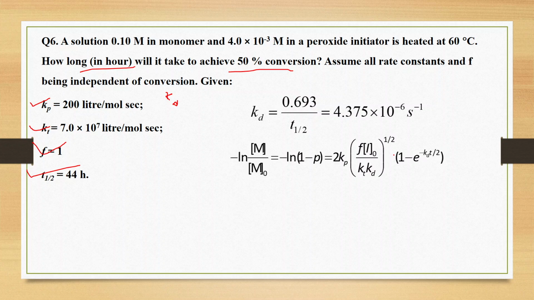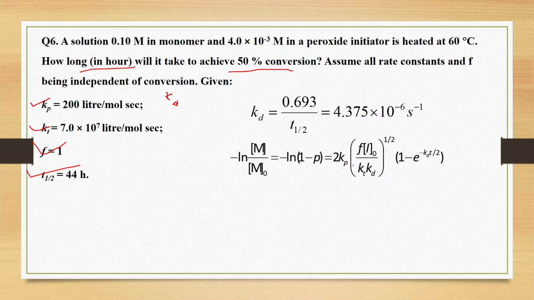Okay, so you calculate Kd, then this is the formula which relates percentage of conversion with the rate constants. You can see that the monomer concentration is not actually required here, because you can just directly put the conversion, that is 50% conversion, and put the value for initiator, and all other constant values are given.